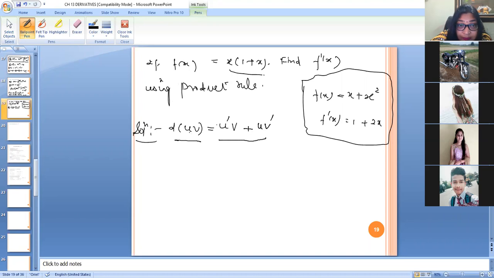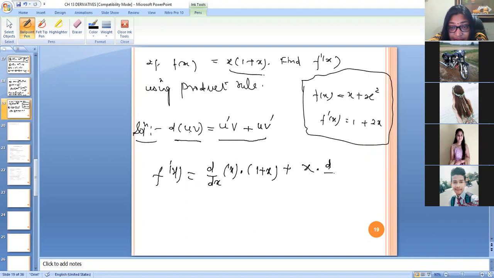Now f(x) is equal to x into 1 plus x. We will find derivative f dash x. It is u dash, which means derivative of x, into 1 plus x as it is, plus u as it is, x as it is, into v dash, which means derivative of 1 plus x.